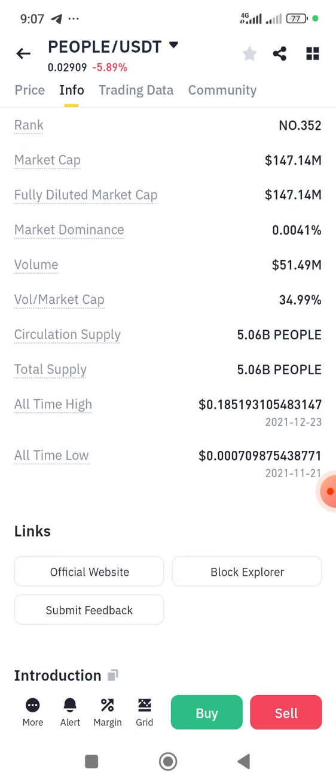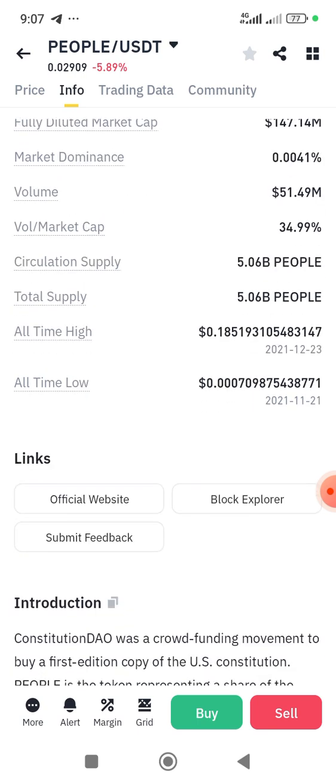You can see the price now, in 4 years, look at the price, 0.02. Come to think of it, if you had invested, let's say $100 in this coin in 2021, now you should have nothing less than 15 million in your account. So that is why long-term investment in crypto space is also good and is very, very important.